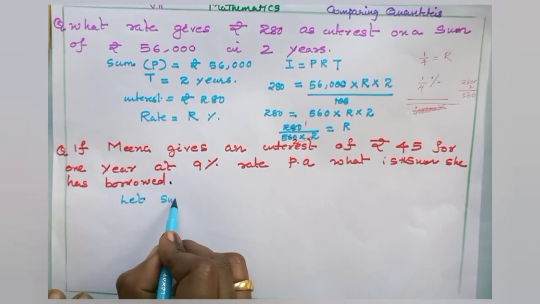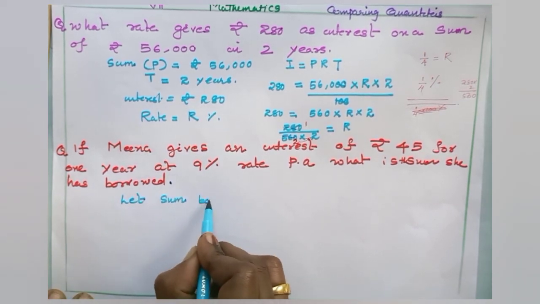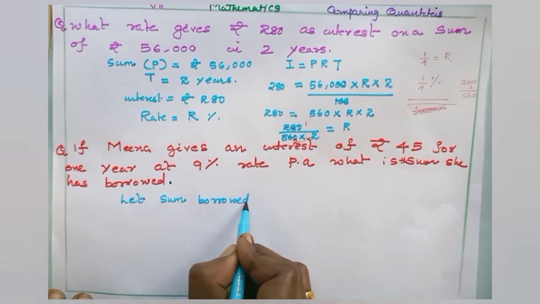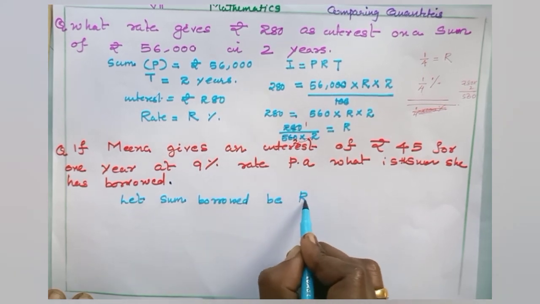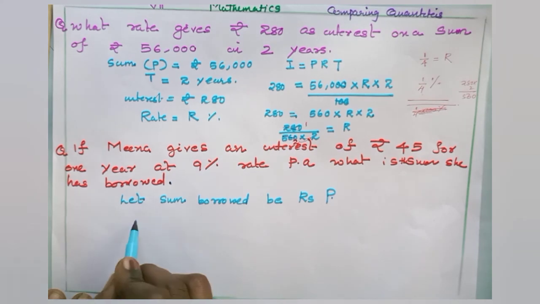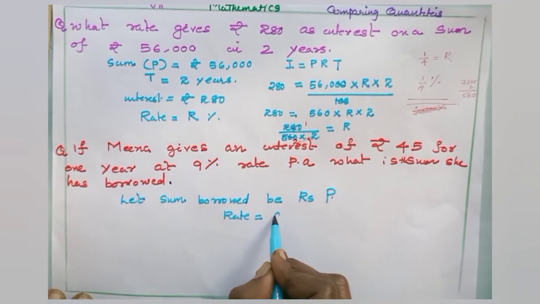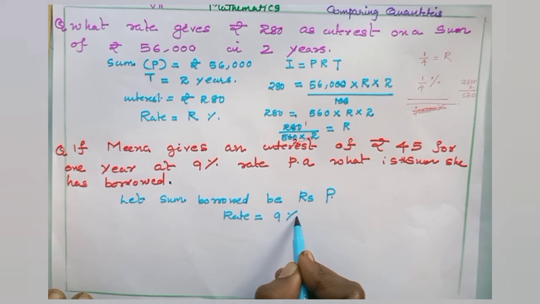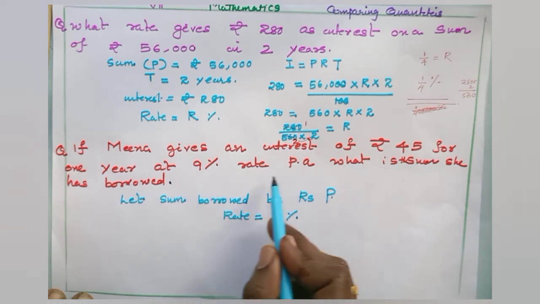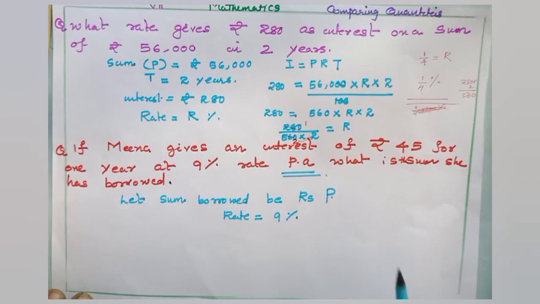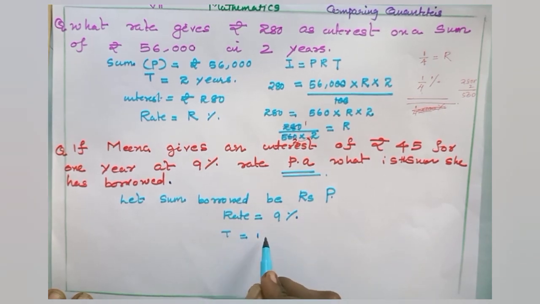Let the sum borrowed be rupees P. Then given the rate equal to 9%. Per annum means 1 year. So time T equals 1 year.